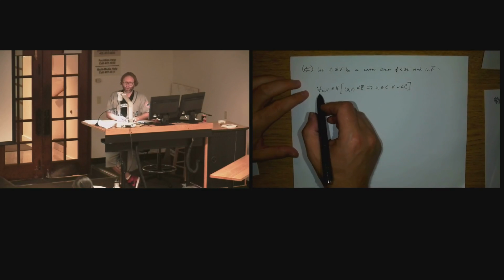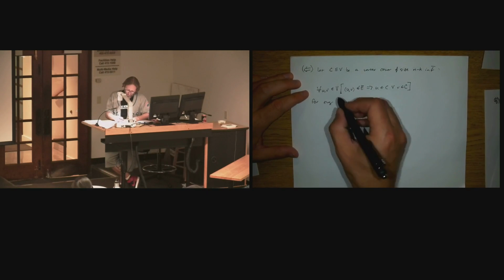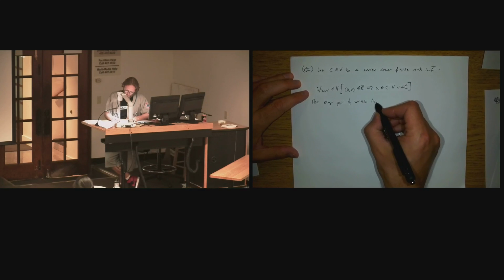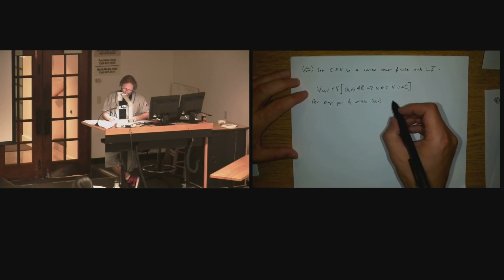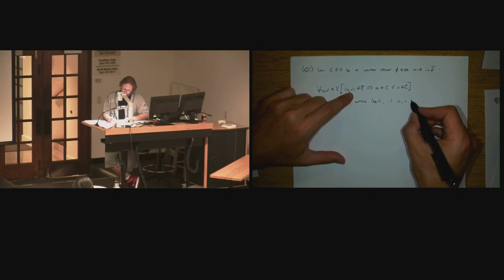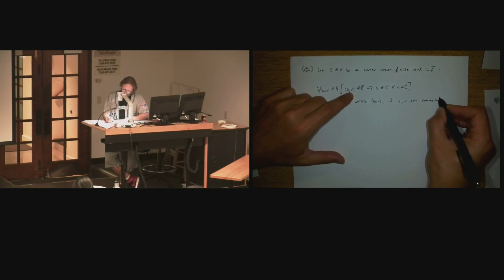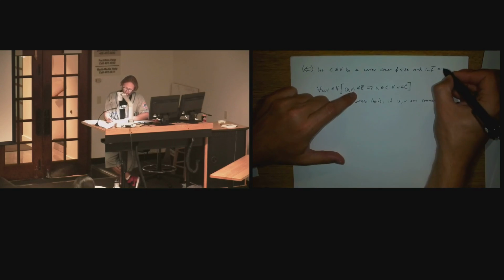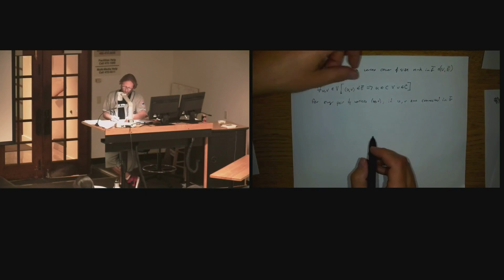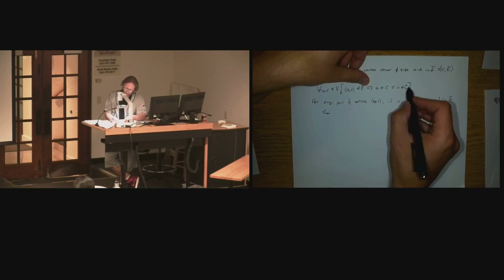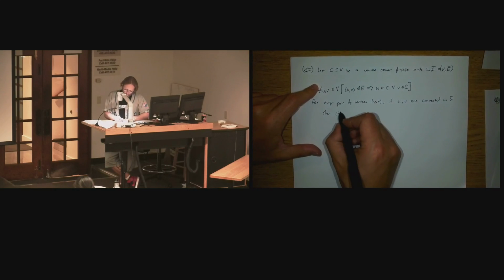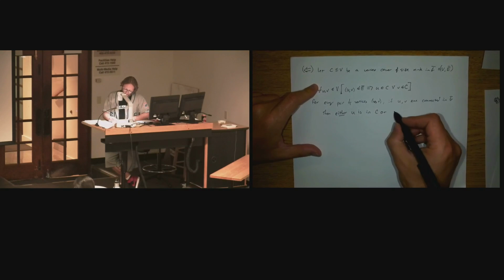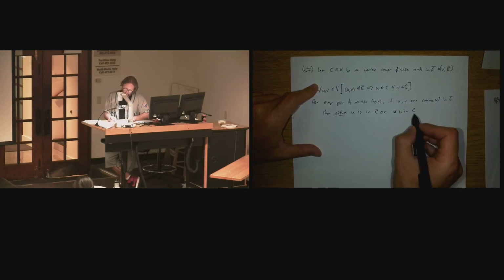Let's go ahead and parse this out in English. For every pair of vertices U and V, if U and V are connected in G complement, this is the complement edge set, then because C is a vertex cover, either U is in C or V is in C, because this edge has to be covered.